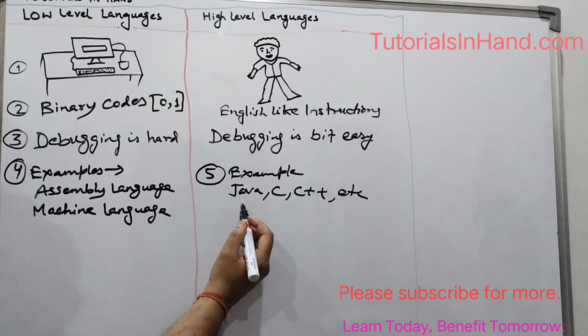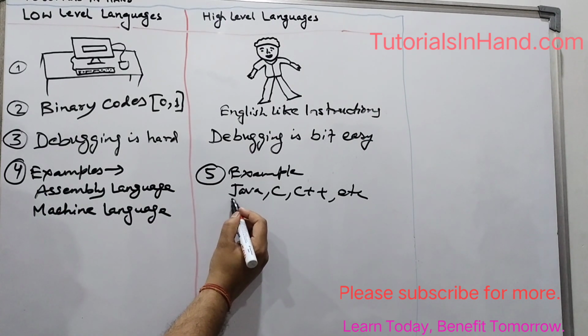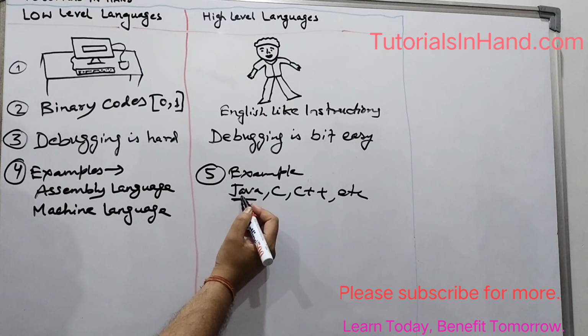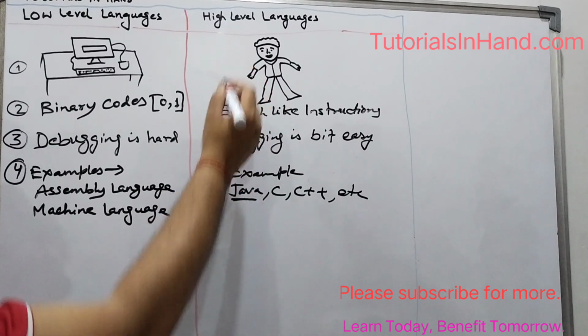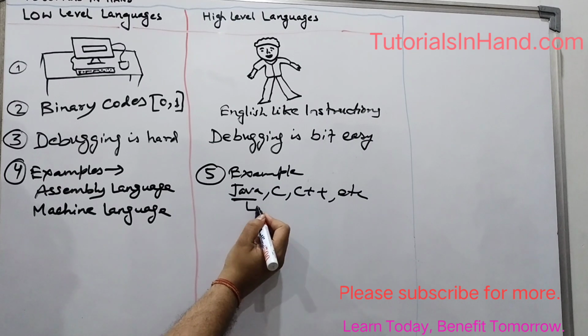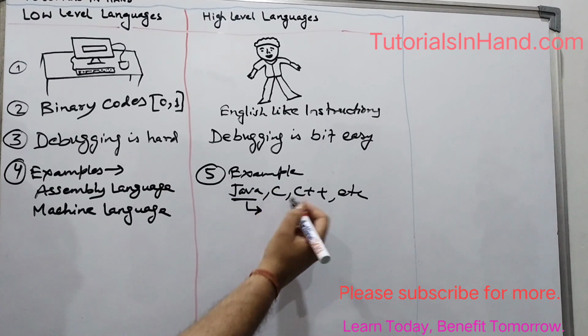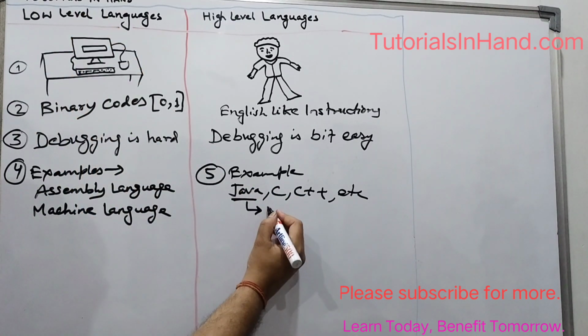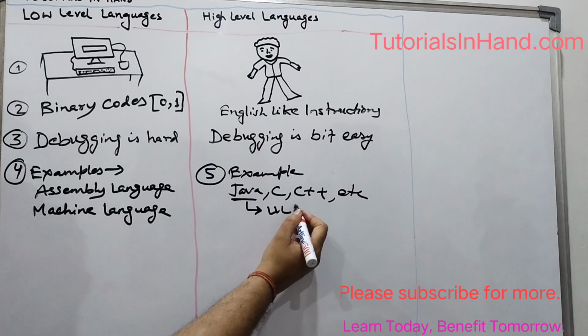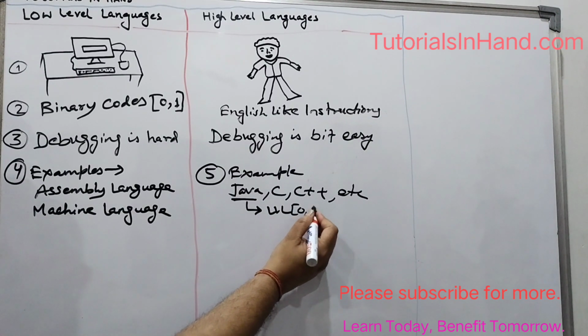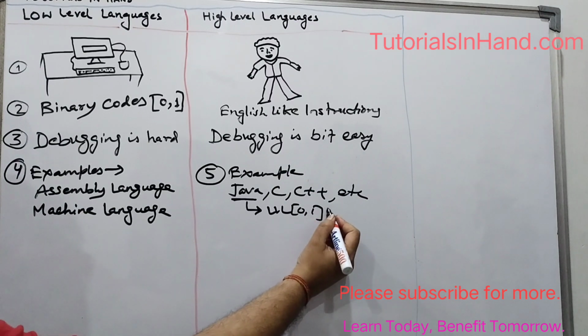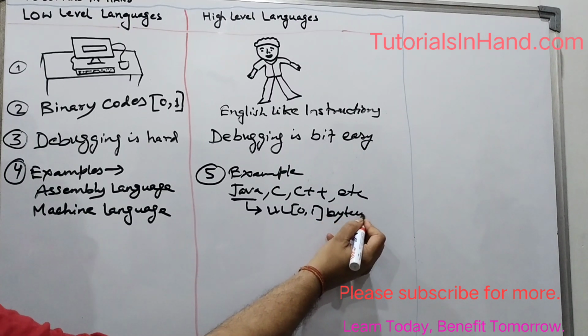What happens is, when you write any program, for example in Java, then the English like instructions which a human has written are compiled and converted to a low level or machine level language representing 0 and 1. Generally it is converted to byte code.